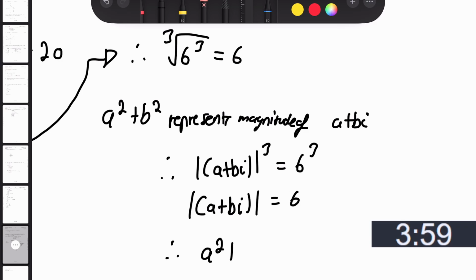Therefore, a squared plus b squared represents square of magnitude of a plus bi. 36. Is that it?